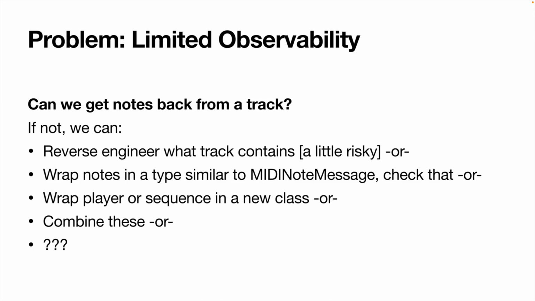Okay, a second approach we might take is we've got our notes that we have in our notation. We decoded it from the ABC parser. So we have a series of events that are notes and rests and, I don't know, maybe other things over time. And we could convert those from a stream of those into a stream of basically MIDI note messages, the signal that gets put in the track.